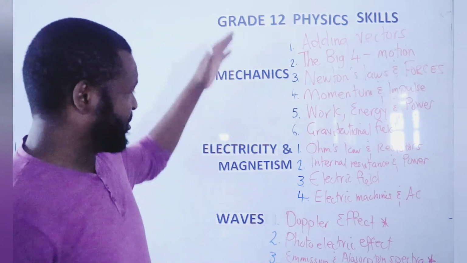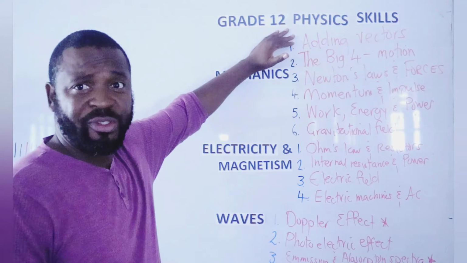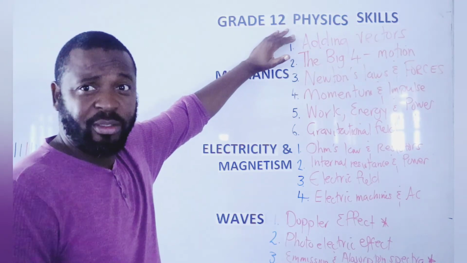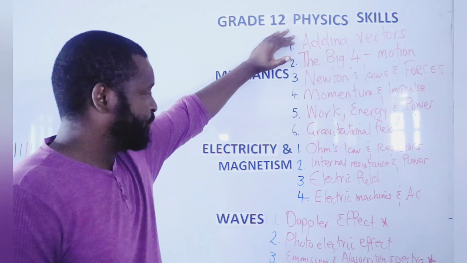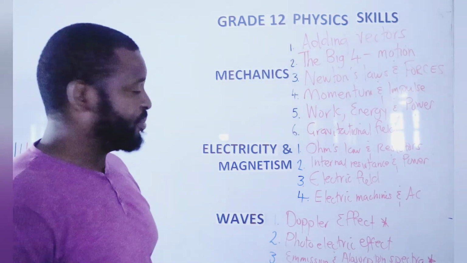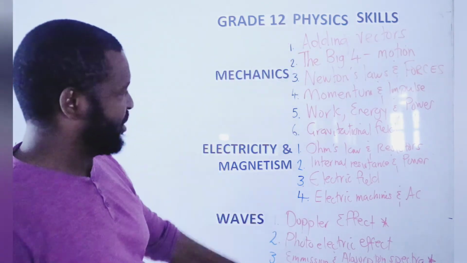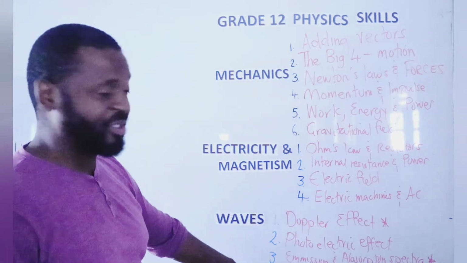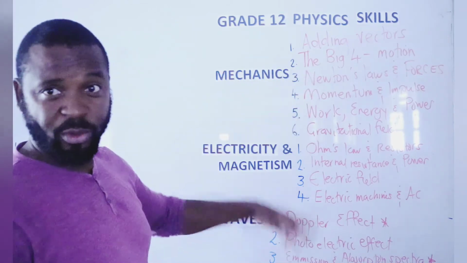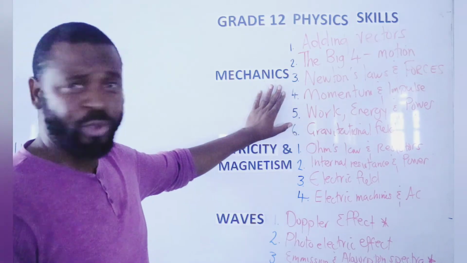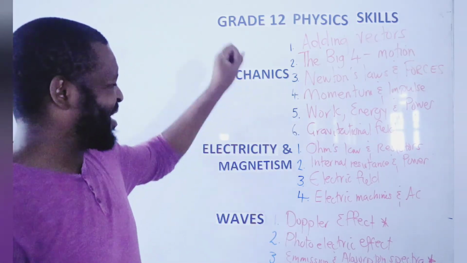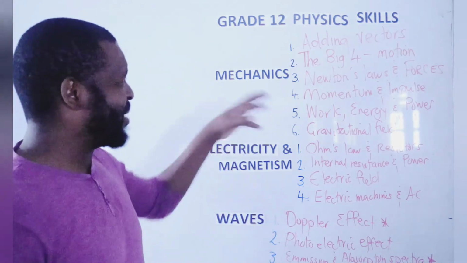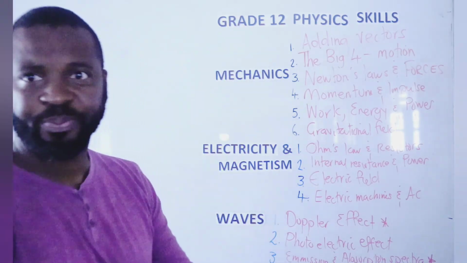The whole purpose of this video, like we said, is to develop those skills that are essential for you to pass a grade 12 physics paper. At the minimum we're talking about 13 skills, but you discover that as you go through, there are probably about 20 or 22 skills that we're going to talk about. 22 skills that are important to help you pass the grade 12 physics paper.